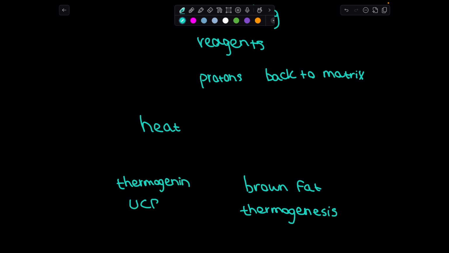I want to ask you about thermogenin and UCP1. Thermogenin, also called UCP1, uncoupling protein 1, is a protein in the mitochondrial inner membrane of brown fat cells that drives thermogenesis. It uncouples the proton gradient by allowing protons from the intermembrane space to flow back into the matrix, bypassing ATP synthase.